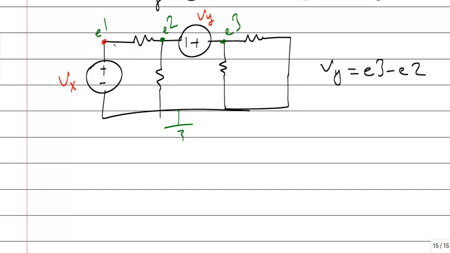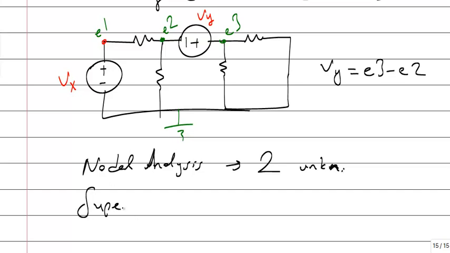And actually E1 is known here. Okay? If you don't use supernodes, okay, nodal analysis, in this circuit there are 2 unknowns. Okay, 2 unknowns. In supernodes, E1 is already known.